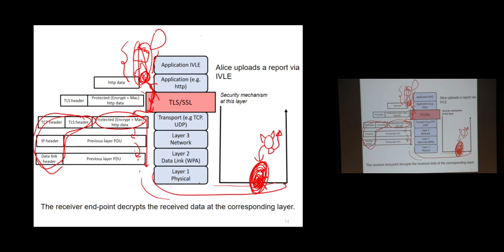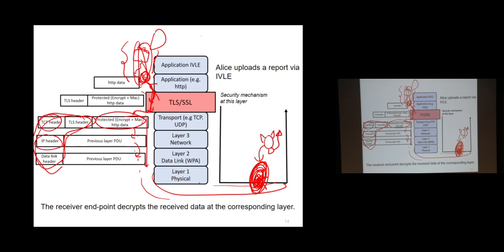Because it's not encrypted, he looks at the TCP header, he knows the IP header, and he knows that this packet is coming from here, going to this particular IP address, which is IVLE or Luminous, right?